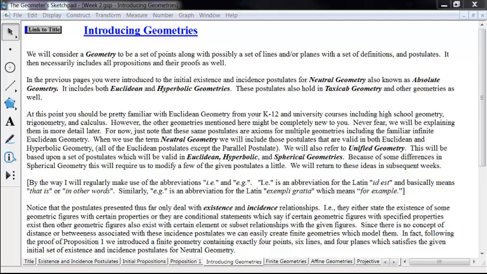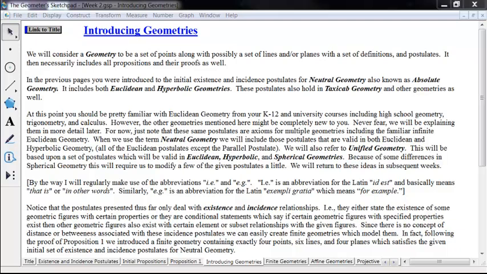Now, we'll sometimes use the term unified geometry. Kay uses this a lot in his text, and it is based on a set of postulates which are valid in Euclidean, hyperbolic, and spherical geometries, and for the most part taxicab geometry as well.